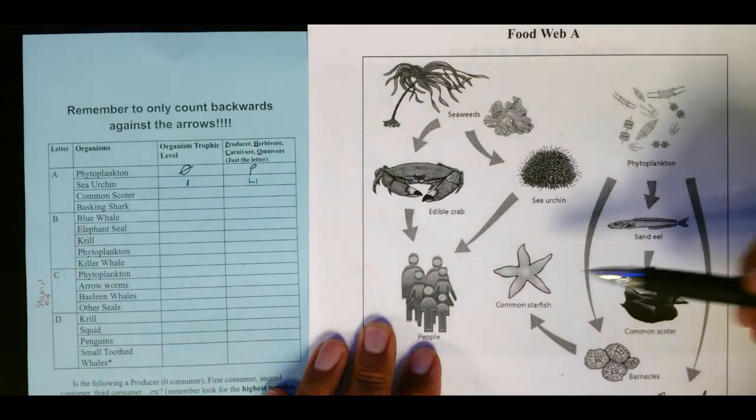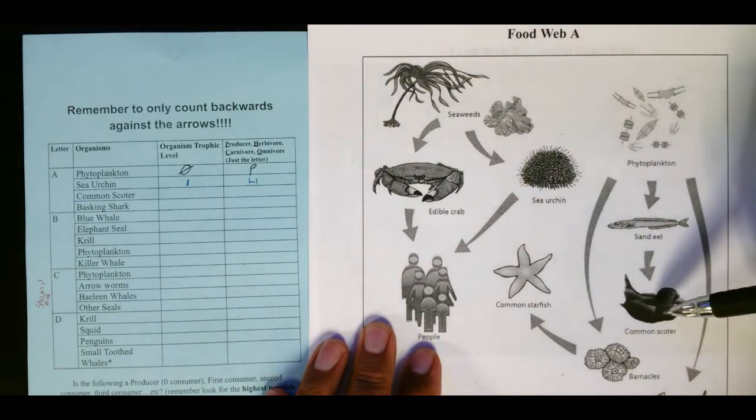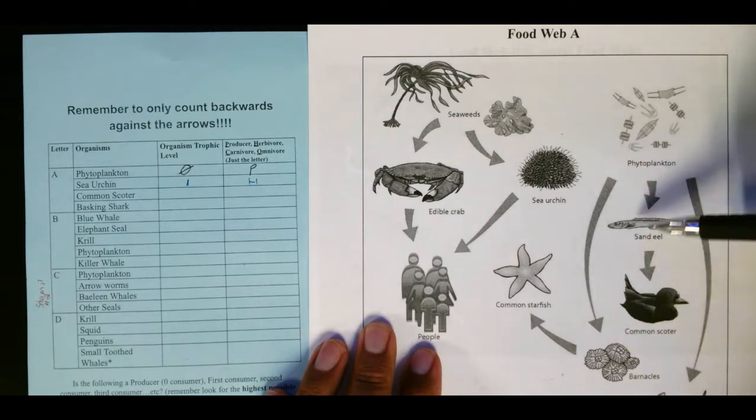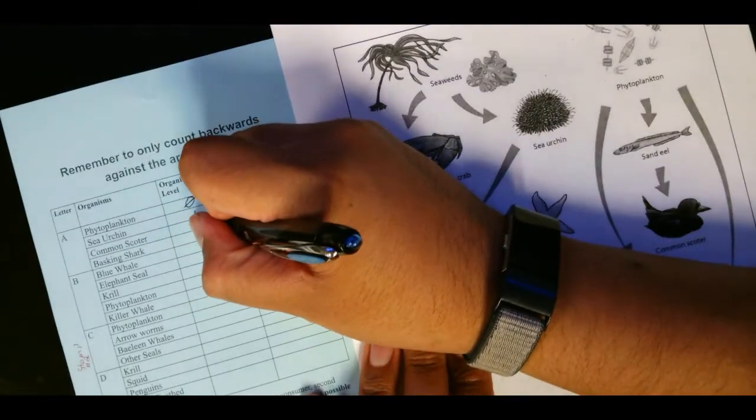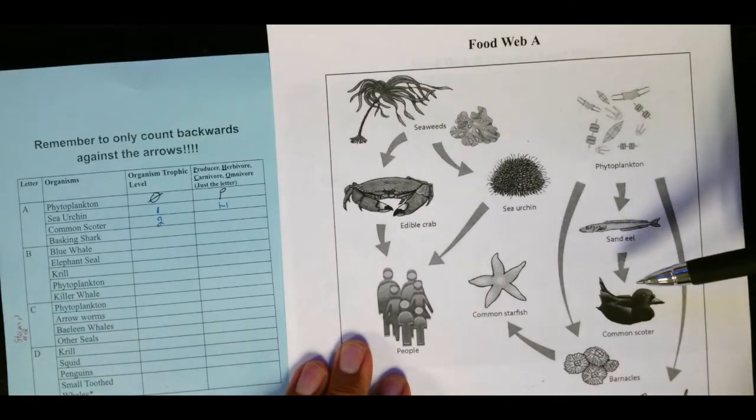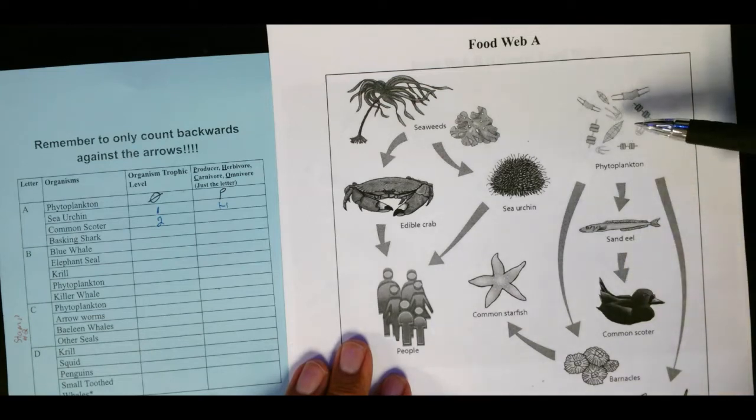All right, let's take a look right here at the common scoter. So how many moves can I make back to the beginning where I can't move anymore? 1, 2. That means that this one, and we always start off simple, this is a second level consumer. All right, now, is it a producer? No, because it's not at the end of the line. Is it an herbivore? No, because it's not eating this.